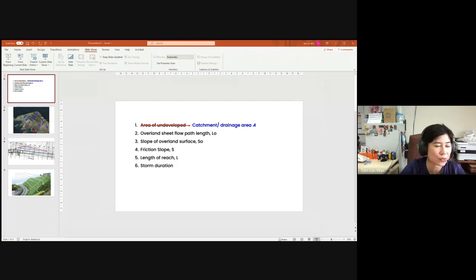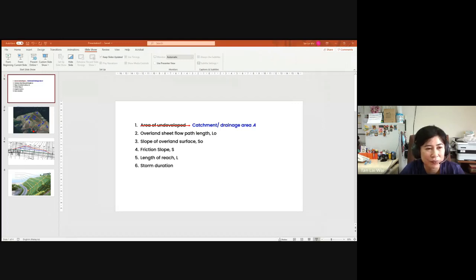The next question is how to find the overland sheet flow path length, which is L0. Third, the slope of overland surface. Then you have friction slope, length of ridge, and storm duration. So let's go to the first question, which is the catchment or drainage area.